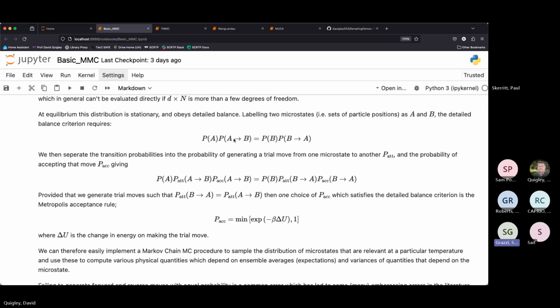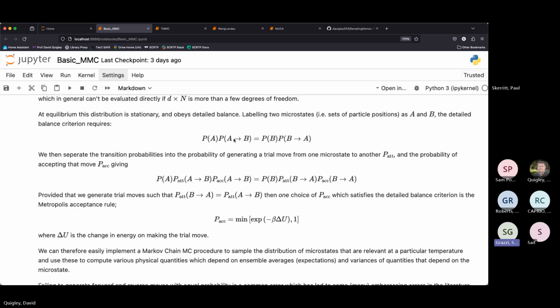I just wanted to briefly cover this idea of detailed balance that, again, we heard about yesterday. So I'm going to use the word microstate to refer to a configuration of the system. So a microstate will be the set of position and momentum coordinates. And if I think about a microstate A and a microstate B, then I'm looking for this detailed balance condition. Again, we've heard that this is a sufficient but unnecessary condition.